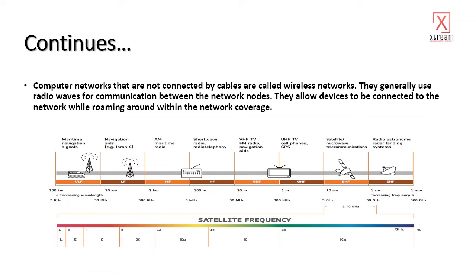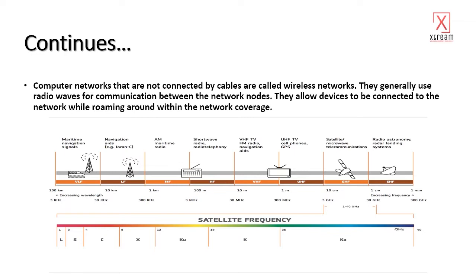You can see here I have a portion of the electromagnetic spectrum. This is called the radio band. These are the radio frequencies, and there are various applications of radio frequencies, like from 3 kilohertz to 30 kilohertz, we can use it for maritime navigation signals.